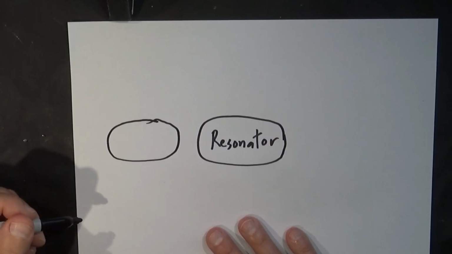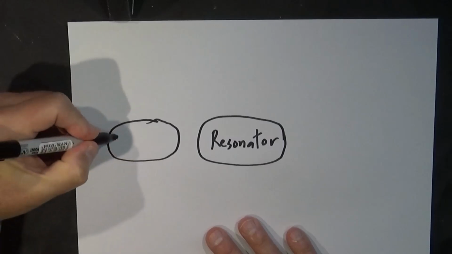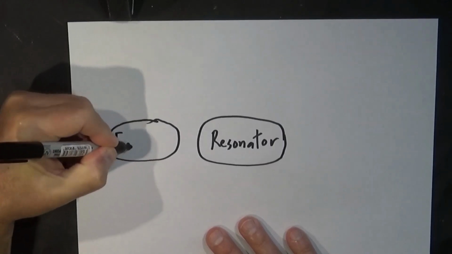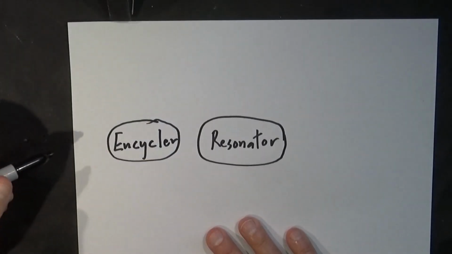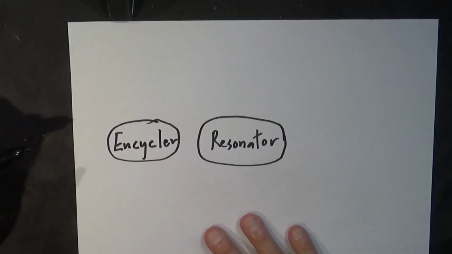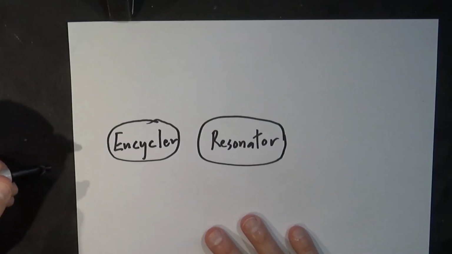And I thought about it and thought about it and thought about it, and this is something that doesn't actually exist. So I thought I'd make up a name, and the name I came up with is Encycler. So we have an Encycler. Might not be the best of names, but I'm not good at thinking of names.